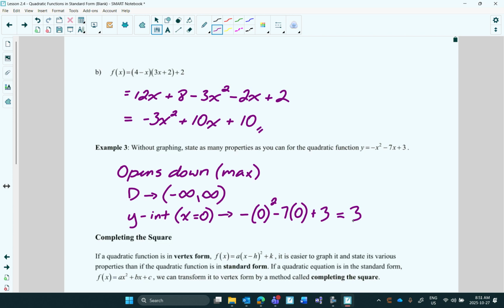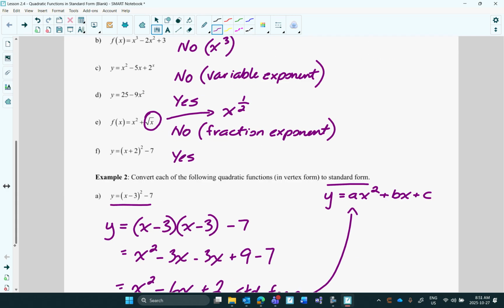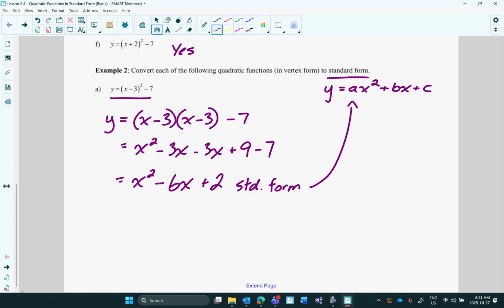So now what we're going to do is, how do I go from this back to this? Okay. We talked about how to go from vertex to standard. Just square it, simplify. But how do we go backwards?